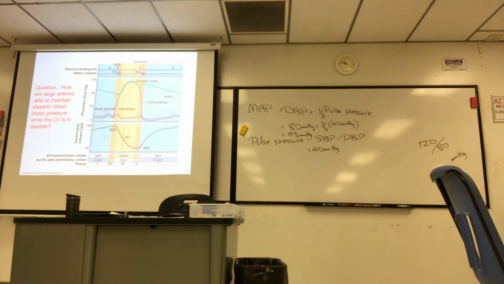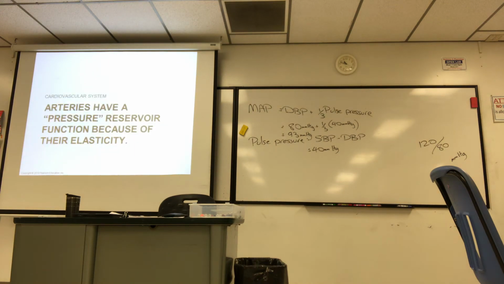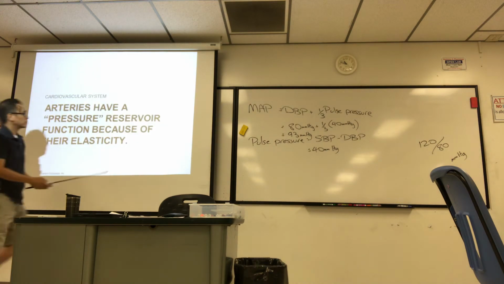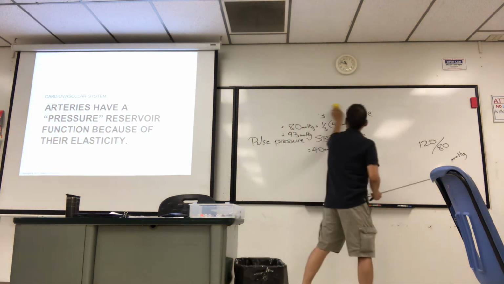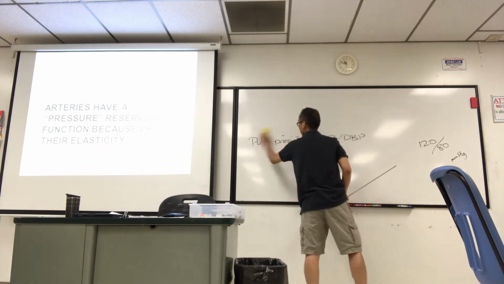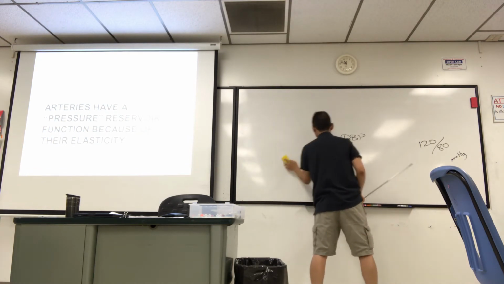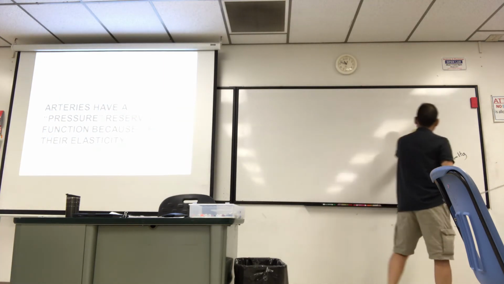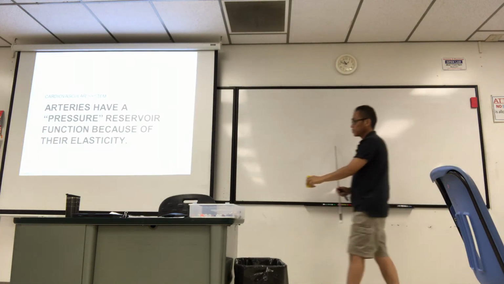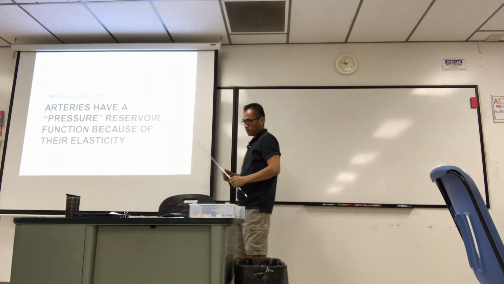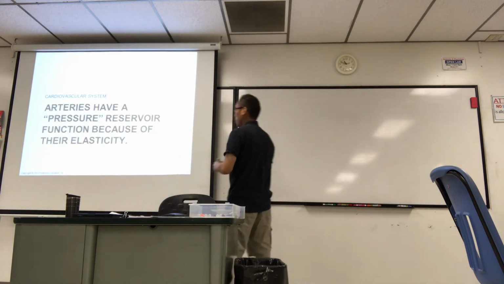The answer to the question is that arteries have a pressure reservoir. It's like a second pump because of their elasticity. So just say arteries close to the heart have a pressure reservoir.